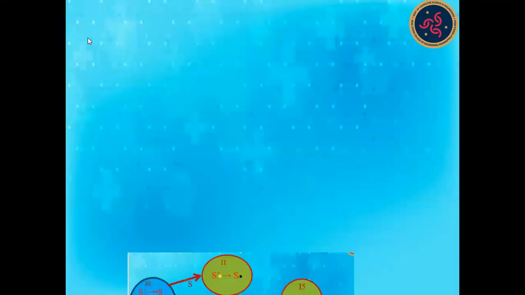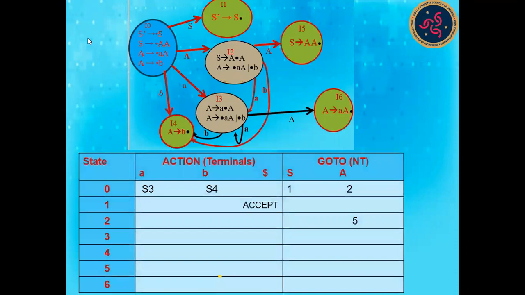Now the terminals, small letter a and small letter b. The small letter a at the state I2, when a comes, then it moves to I3. So just write shift, that is S, and the state number I3 at this location. So now the entry will be S3. Similarly, for the terminal symbol b at I2, when b comes, then it will go to the state I4.